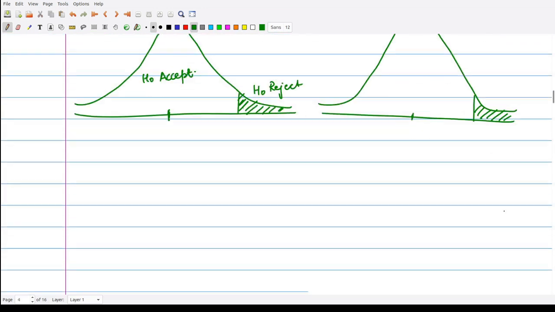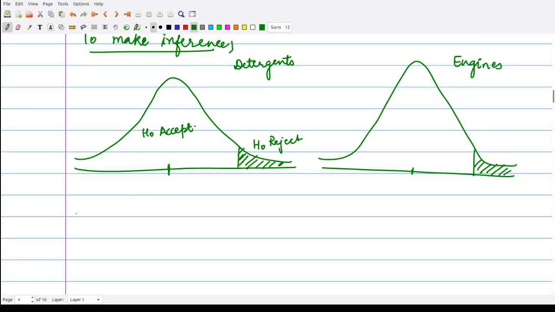And moreover, at the very start, you will define your null hypothesis. Because we are making two decisions, we will have two null hypotheses, one for detergents and one for engines. For detergents, our null hypothesis says all the mean values for detergents are equal.